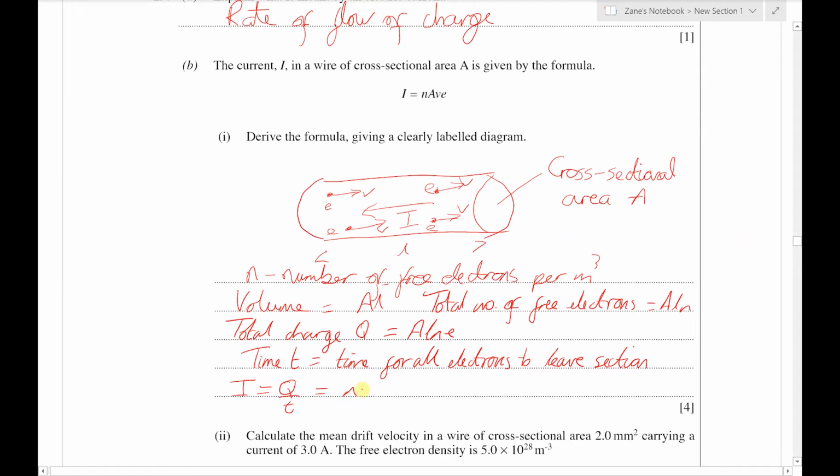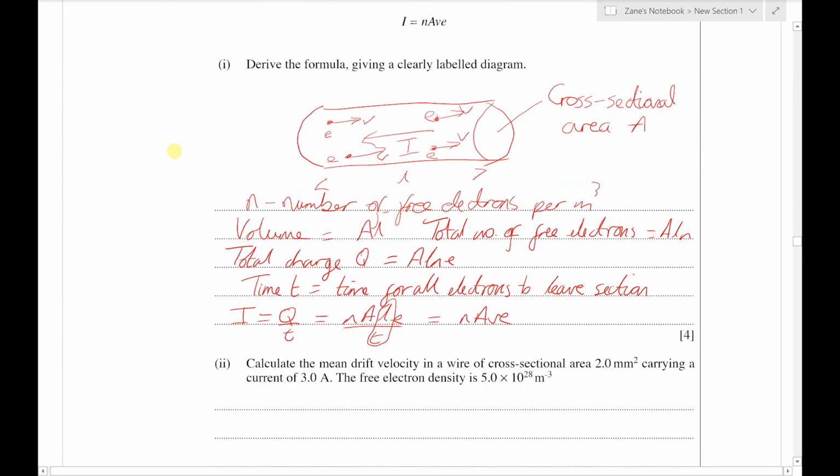Q was nALe, just slightly rearranging the letters from earlier, over t. But this term L over t is actually going to be the velocity of the electrons. If they travel a distance L in a time t, then their velocity is L over t. So we finish with nAve as required. There are other ways of explaining this, but that's a fairly simple way of doing so.